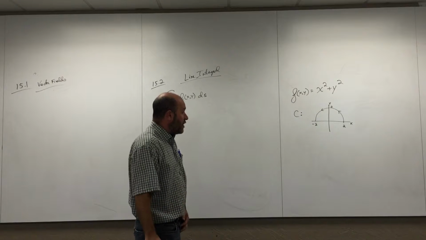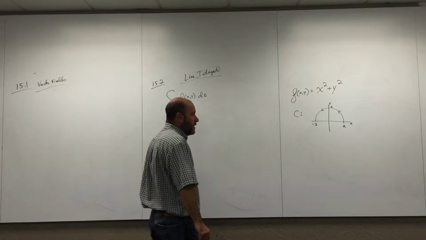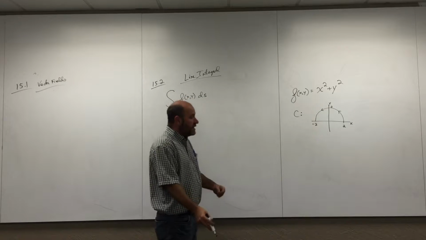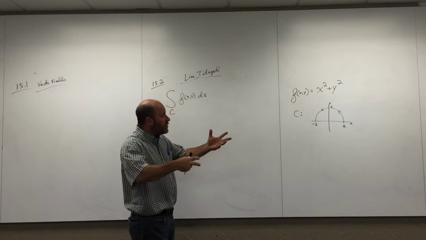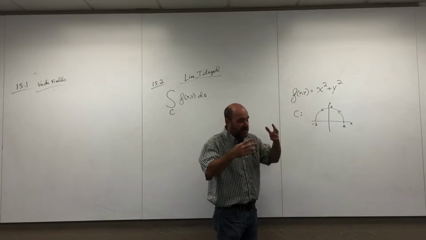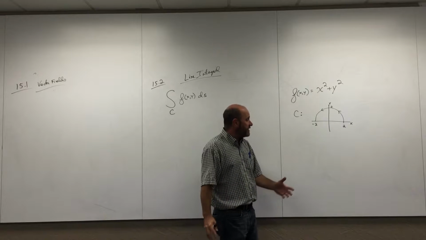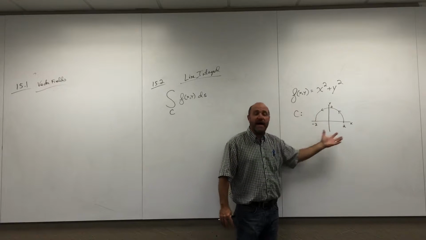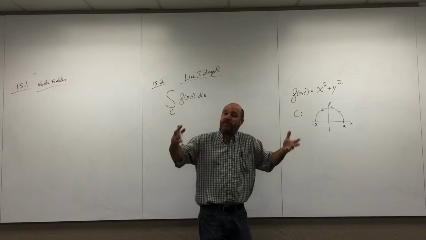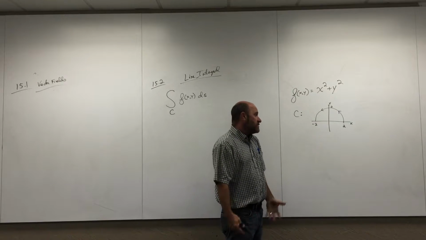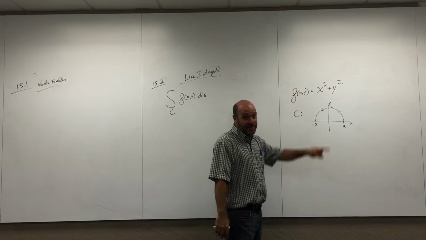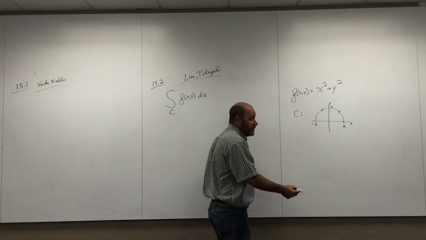So there's a lot going on here at first. But one of the things that's interesting is, and this is a big theme for the rest of chapter 15, we have to parameterize this curve in terms of the parameter t. So maybe you recall how to parameterize a circle or a semicircle in terms of t.